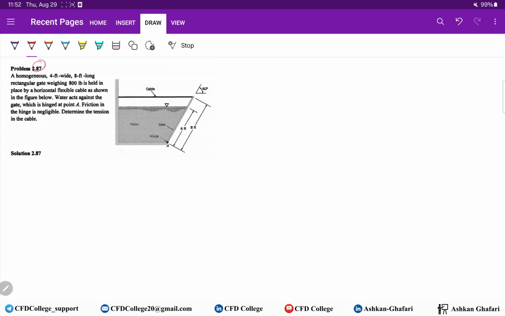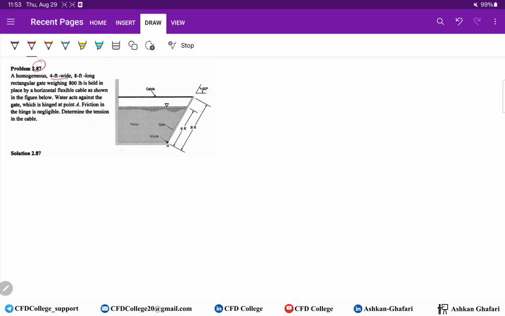We have a tank here which is 4 feet wide. So in the third dimension, the width of the gate and these walls is 4 feet.